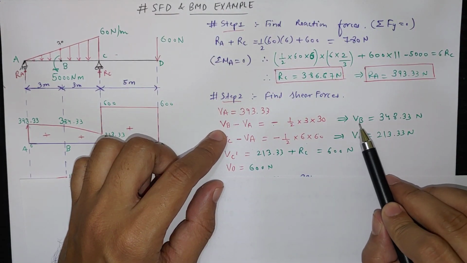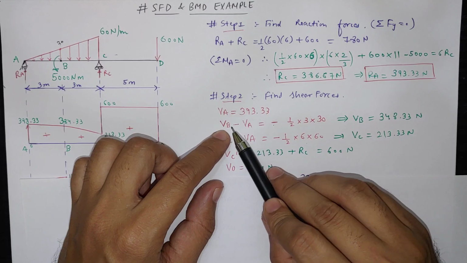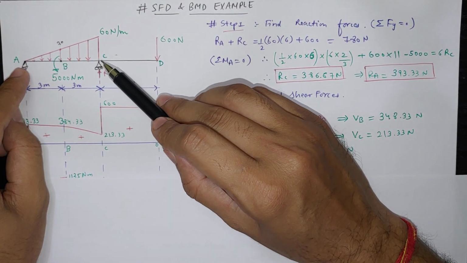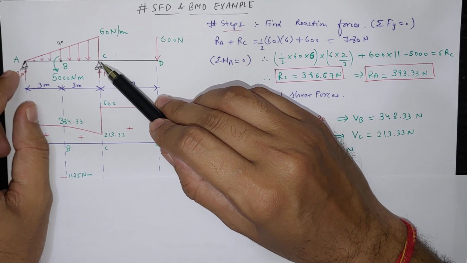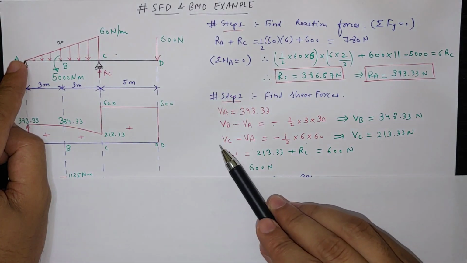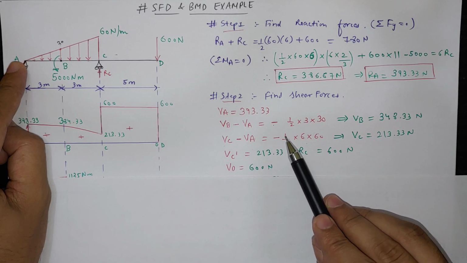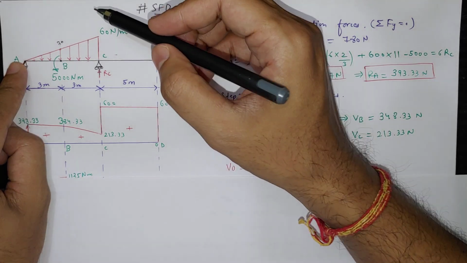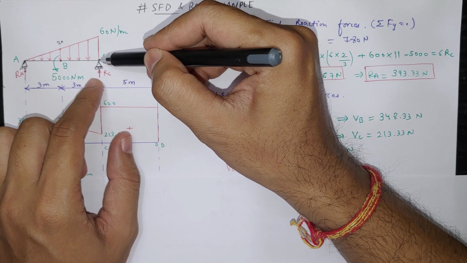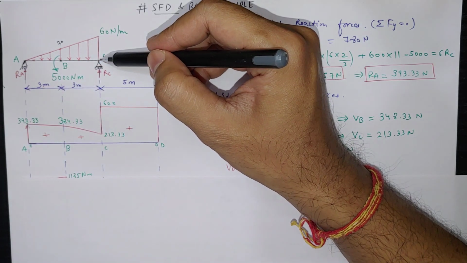So now if we keep Va value here, we get Vb, and to calculate VC shear force, again we can calculate VC minus VA equal to this area. So VC minus VA equal to minus half into 6, or one method is there that you can directly calculate all the forces and add it.